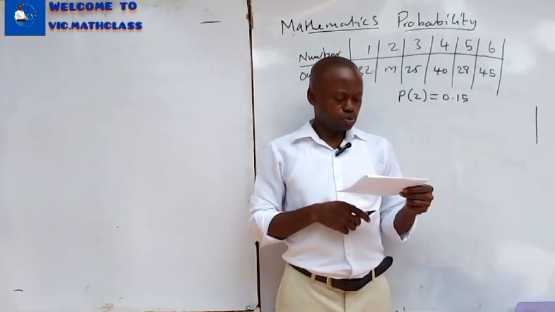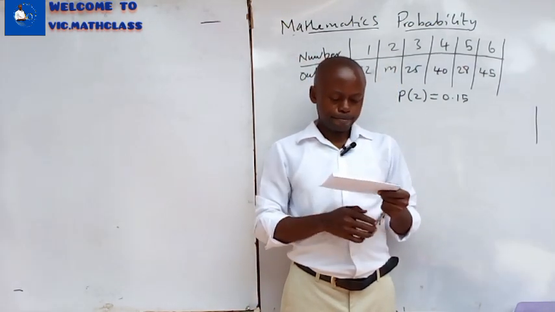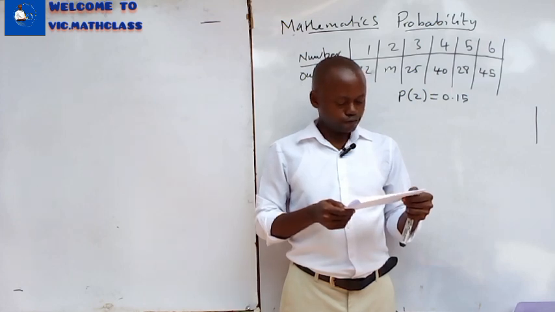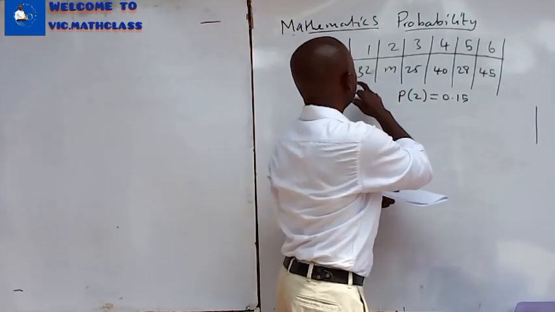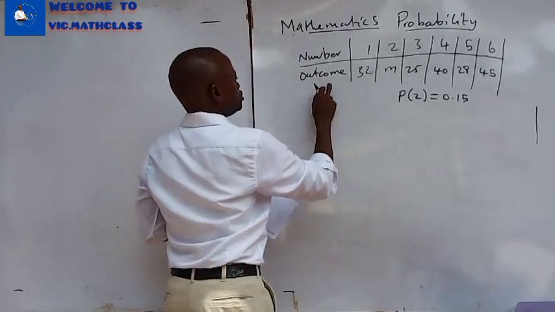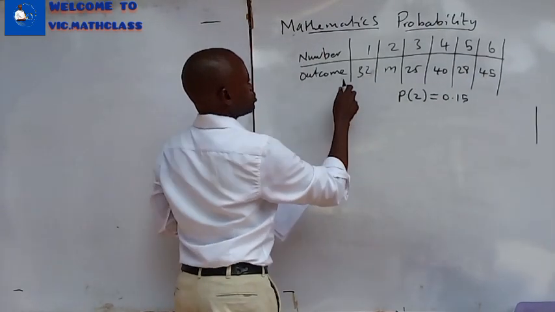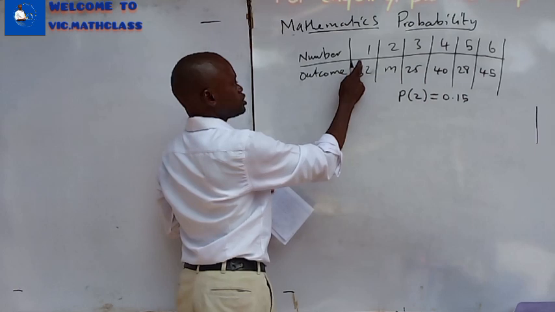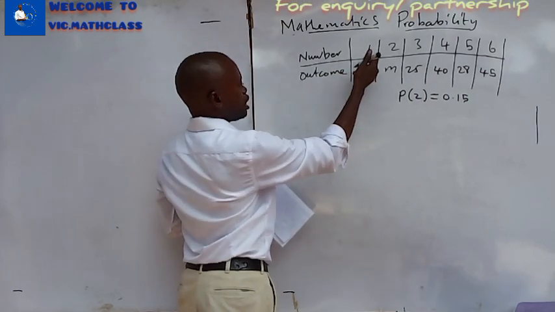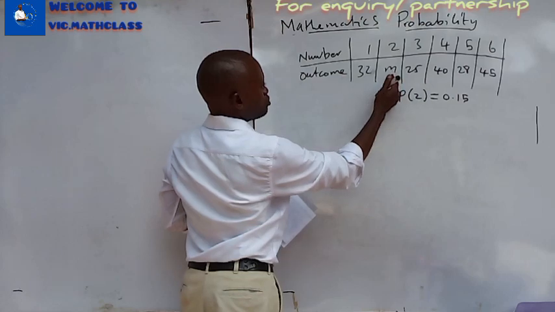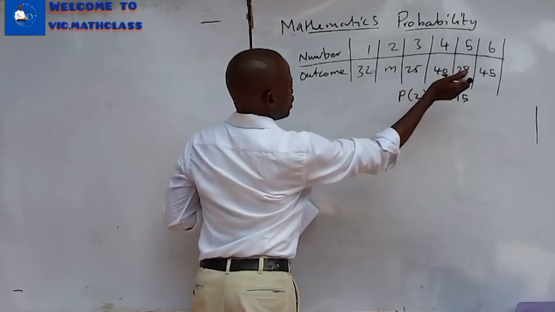Coming to this question, the first thing you do is to add the values here, the occurrences of the outcomes. 1 occurred 32 times as you kept on rolling, 2 occurred m times, 3 occurred 25 times, and so on.